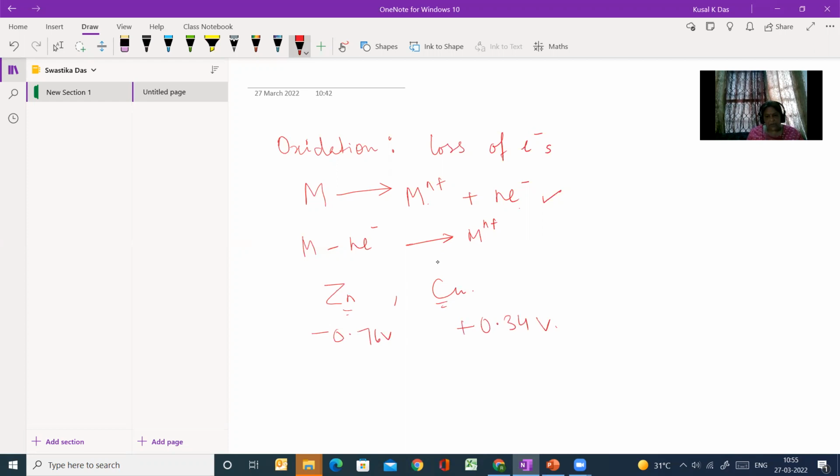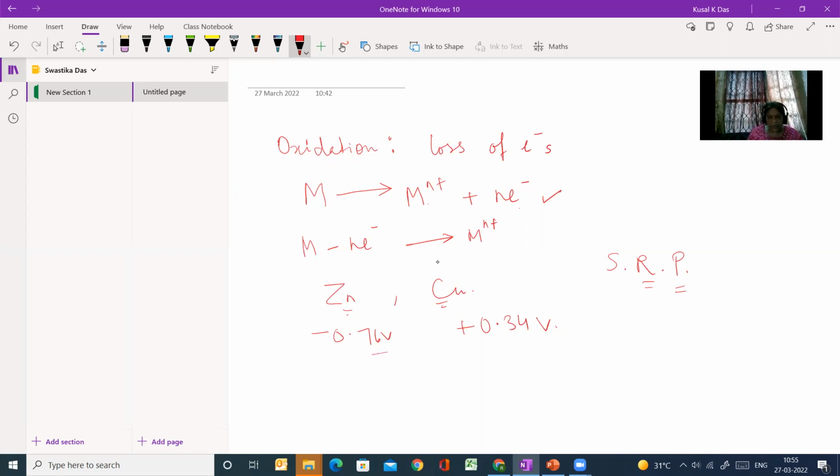Now let us understand what standard reduction potential, SRP, values are. Reduction potential means the capability of the metal to undergo reduction.